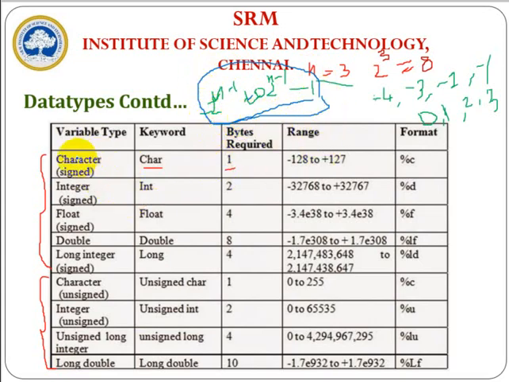Say for an example, here the character is 1 byte, which means n is going to be 8 bit. So if n is 8 bit, it means minus 2 power 8 minus 1, that is minus 2 power 7, to 2 power 7 minus 1. So minus 128 to plus 127 can be held in the character data type.